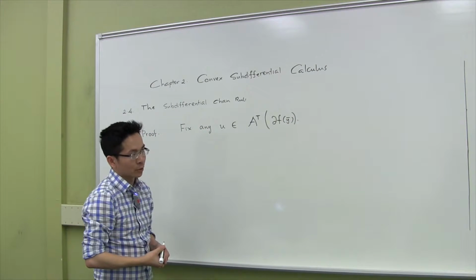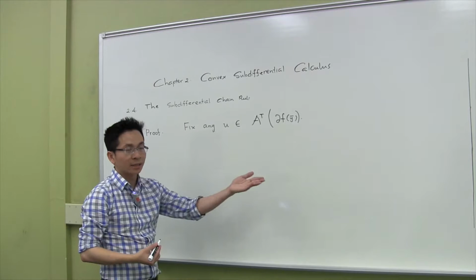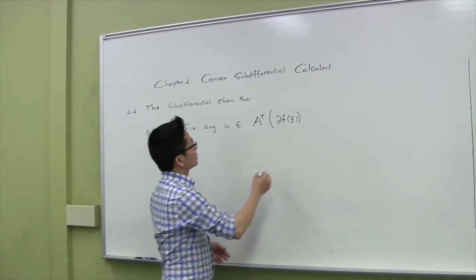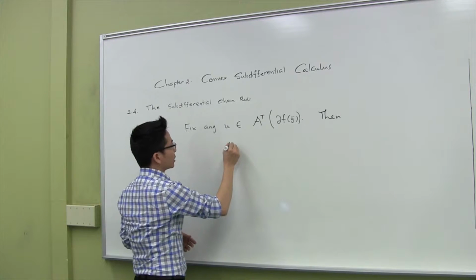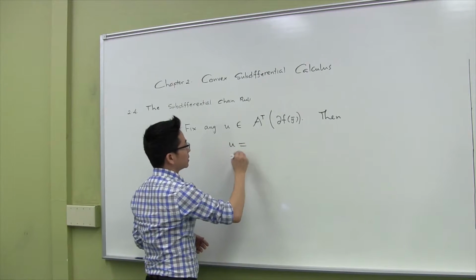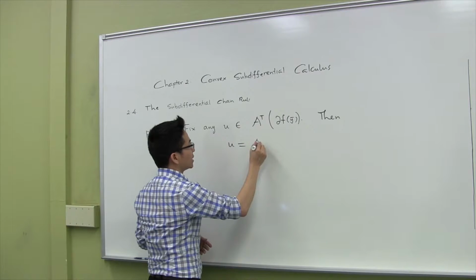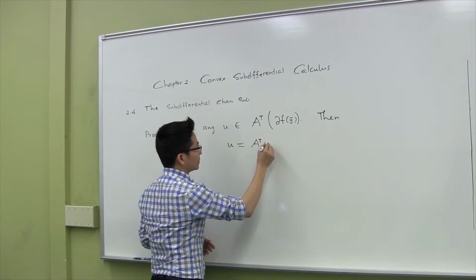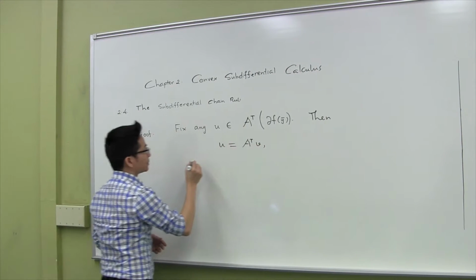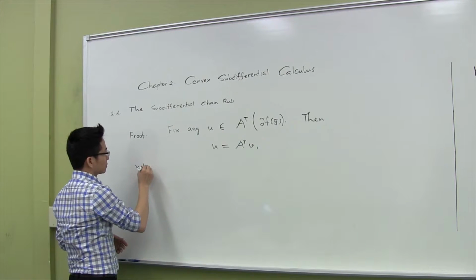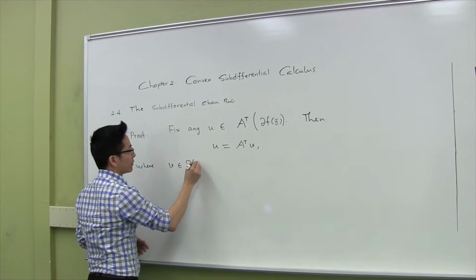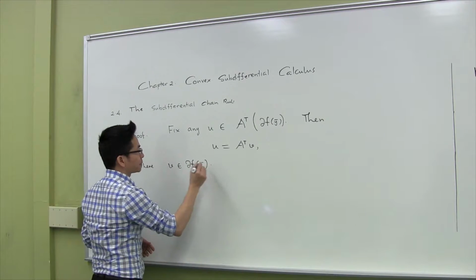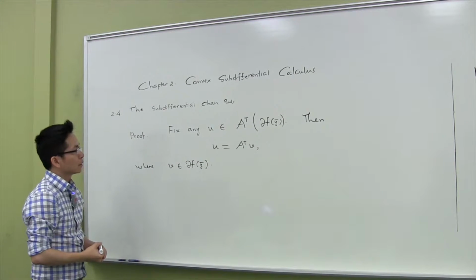Our goal is to show that u belongs to the set on the left. Then, by the definition, u has the following representation: u is the product of A transpose times v, where v belongs to the subdifferential of f at y bar. We have the following.